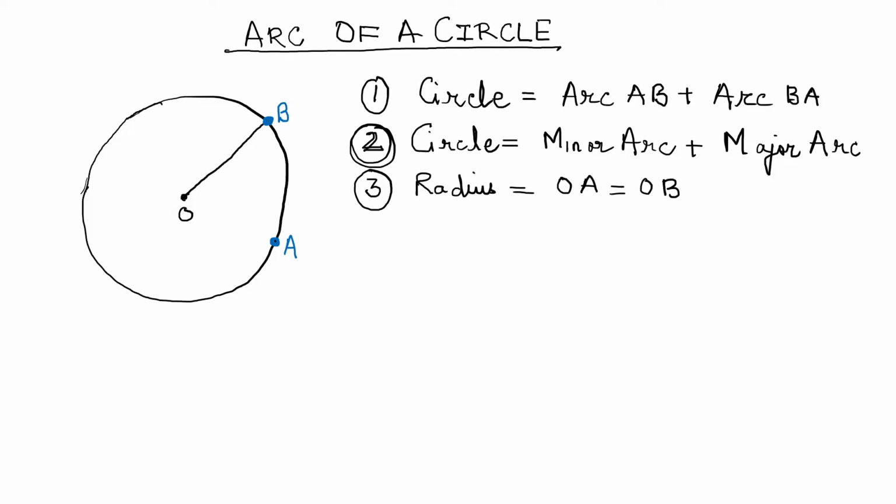Okay, now when I'm extending this, this is how I have extended. So let's say the point that I have extended here is B dash, and then let us say the point that I have extended now here is A dash. So can I say now this radius is nothing but OA dash, which is equal to OB dash.